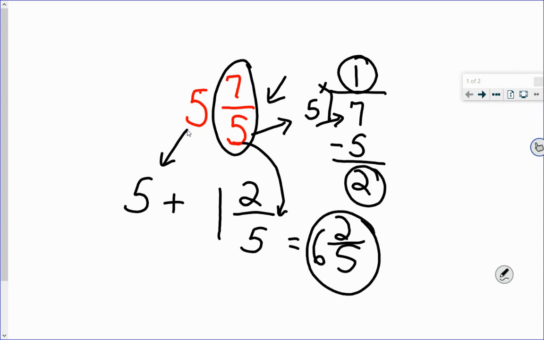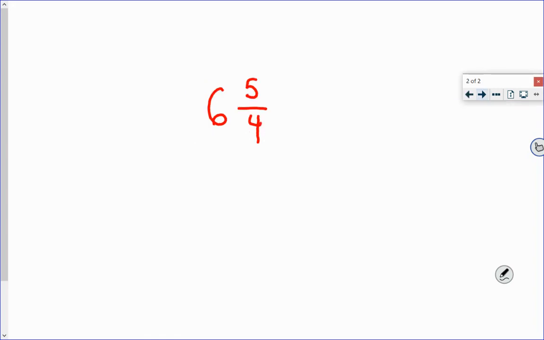Okay? Let's try another one. All right? We've got a mixed number here, but we have an improper fraction. We have the whole number 6. We're going to move it out of the way. Then we're going to change 5/4 to a mixed number. How do we change 5/4 to a mixed number?